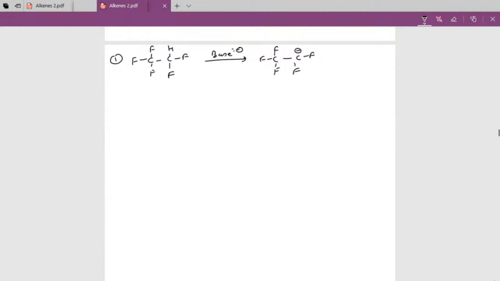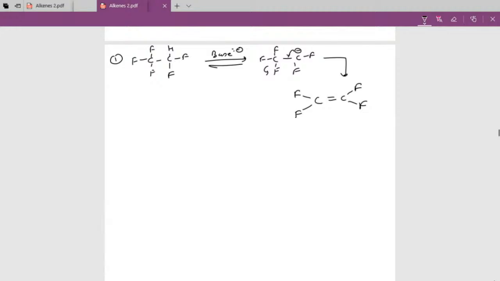So a lot of fluorine will together cause a full carbanion. So here we have a double bond like this. So when you have such strong electron withdrawing groups, then there is a possibility.